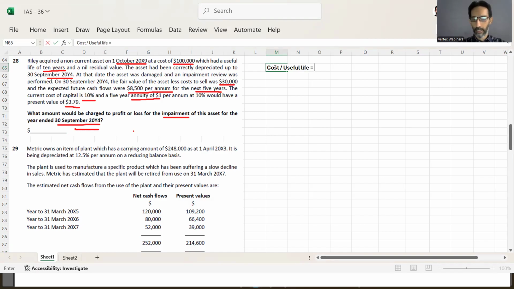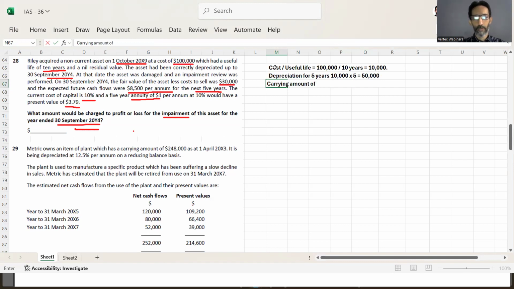So we have 100,000 divided by 10 years. This gives us the depreciation charge of 10,000. The depreciation for 5 years is 10,000 times 5.